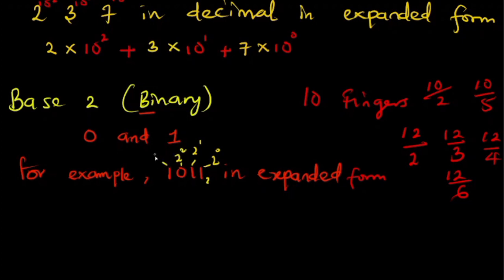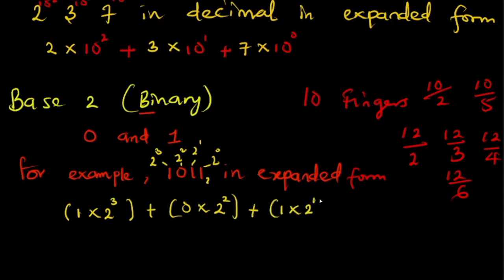And this one will be 2 raised to the power of 3. So in expanded form now, we can write this as 1 times 2 raised to the power of 3, plus 0 times 2 raised to the power of 2, plus 1 times 2 raised to the power of 1, plus 1 times 2 raised to the power of 0. Now, this is the answer.